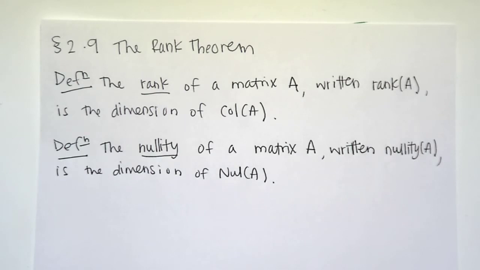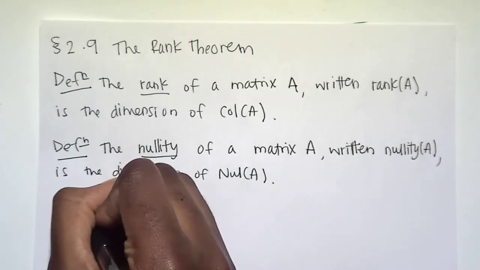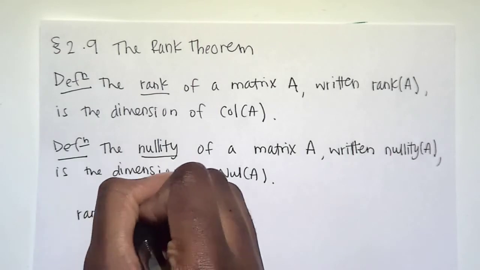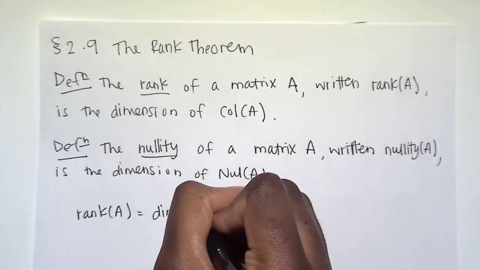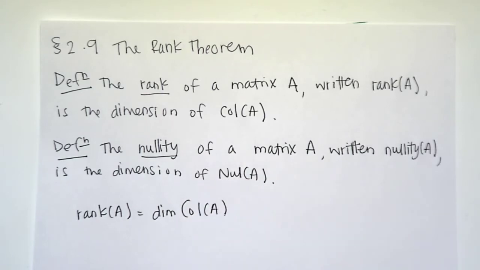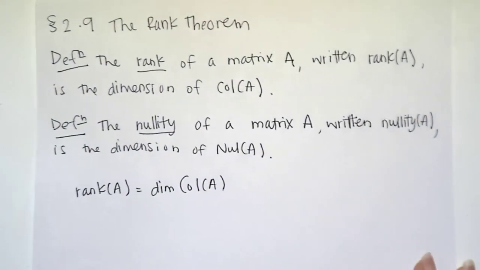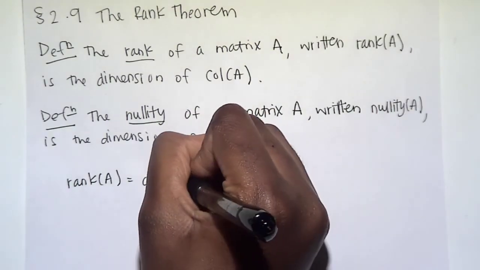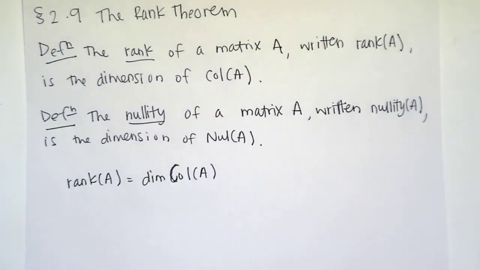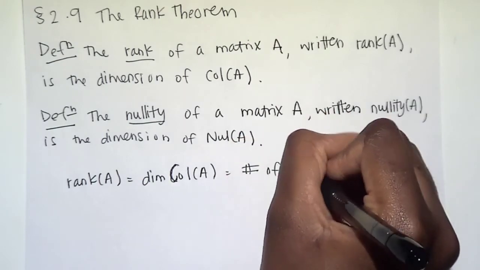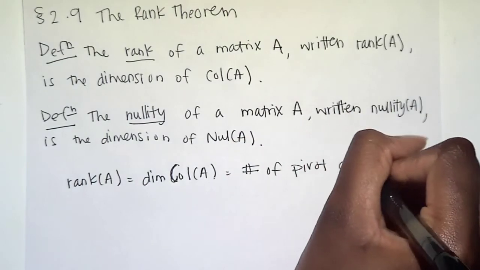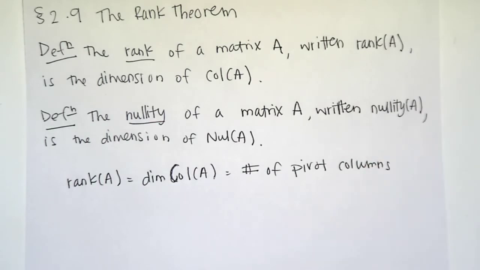Okay, so in summary, whenever you see rank of A, that is just the dimensions of the column space of A. And that's a C. It kind of looks like a parentheses, but it's a C. Which we know is the number of pivot columns. All right, so rank is just a number. How many pivot columns does our matrix have?